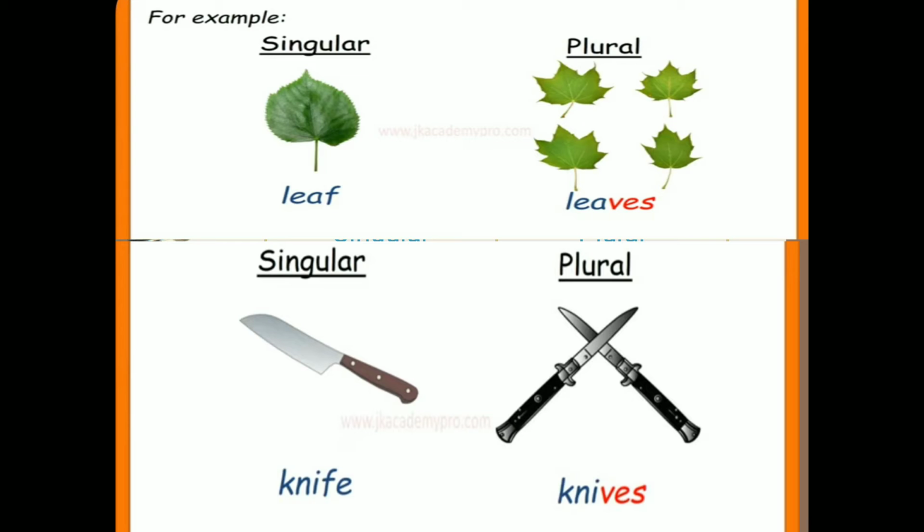One knife, that is singular, and more than one knife, that is knives. To change the word knife into plural form, we remove the letter F and instead we will write VES at the end.